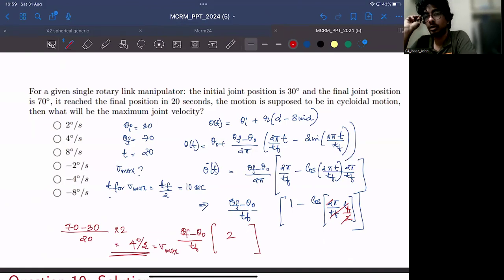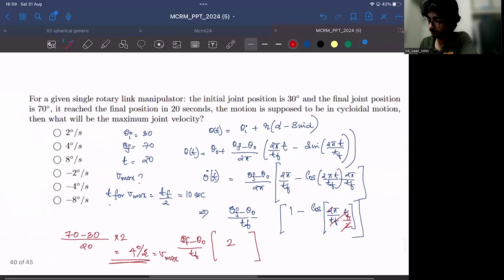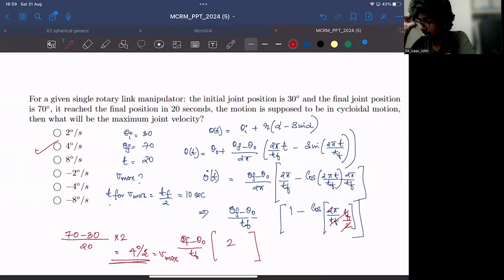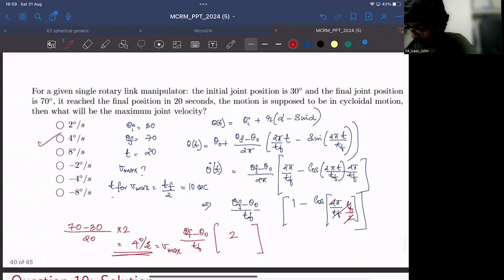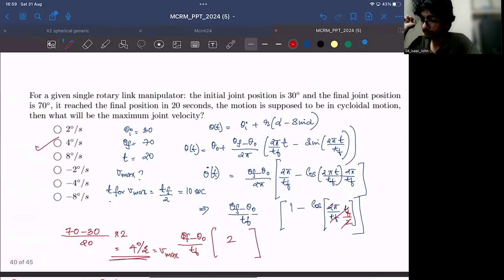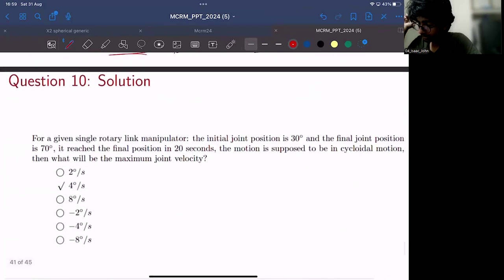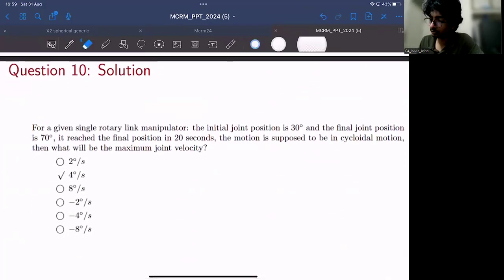So option C. I think it is option 8. Sorry, option 4. Option B. Have I made any calculation mistakes? Let me check the answer. It's indeed 4.